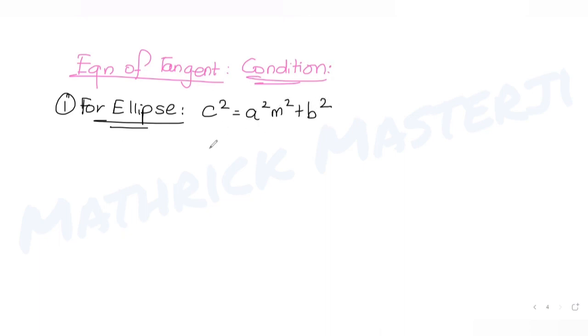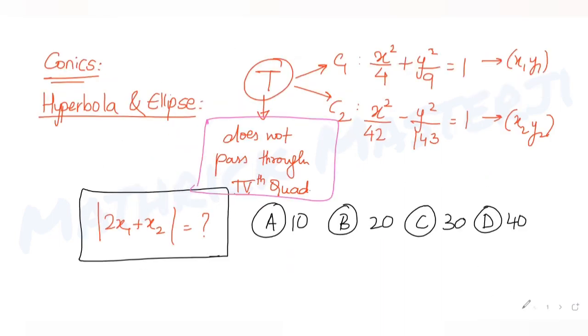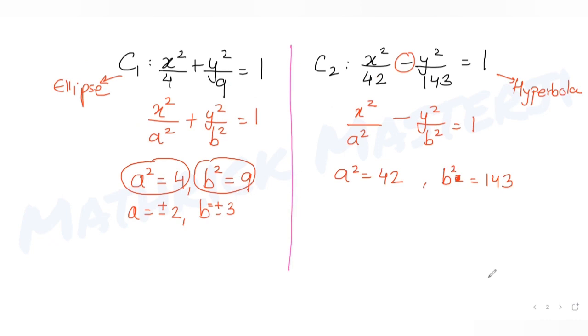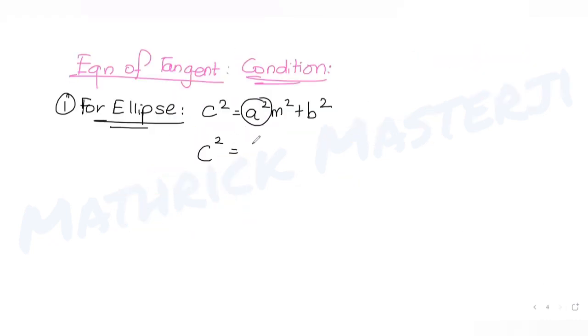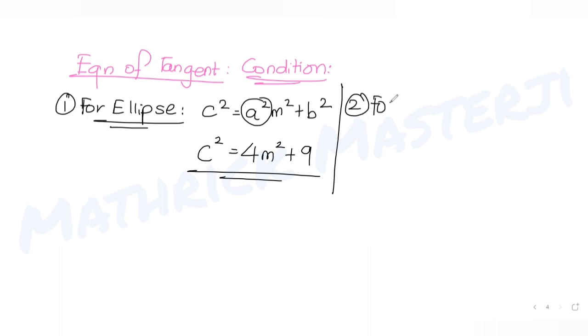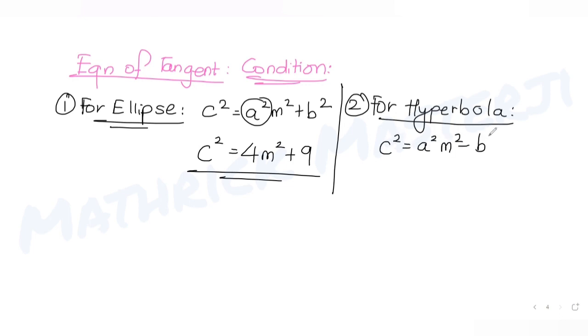Here a square is 4 and b square is 9, so c square equals 4 m square plus 9. So this is one equation. The other condition, for the hyperbola, is c square equals a square m square minus b square.